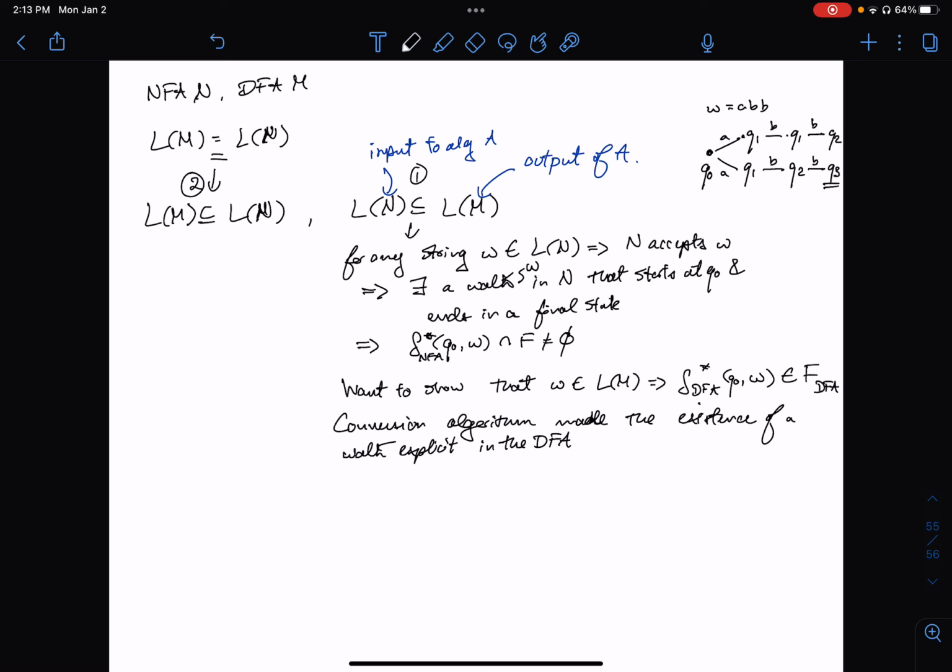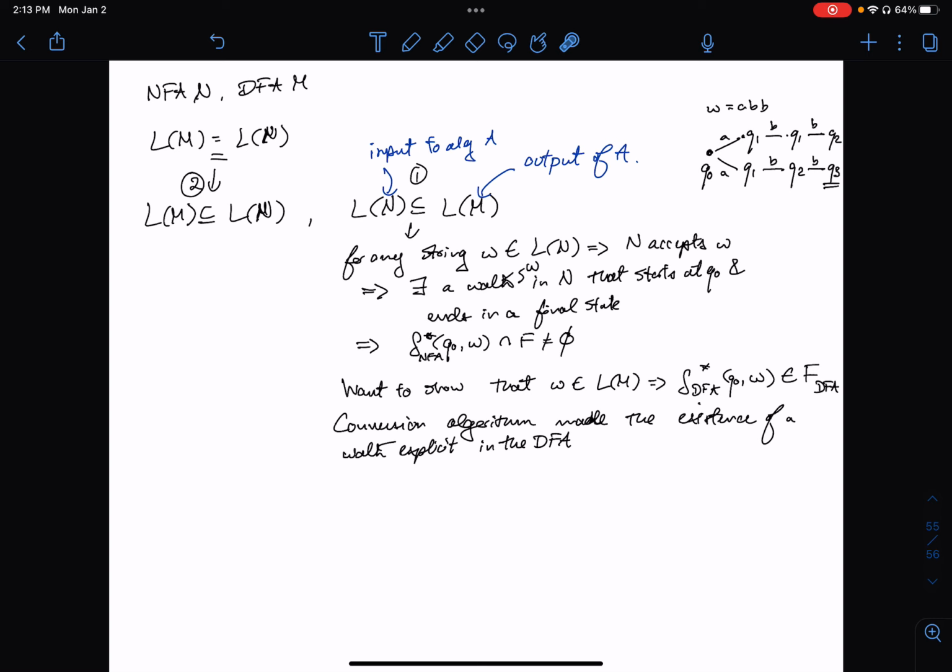And so what the conversion algorithm does is that it makes the choice explicit. So in making a choice between Q1 reading a B going back to Q1 and Q1 reading a B going to Q2, you make this choice explicit in the DFA by saying if you read a B, you either go to Q1 or to Q2. So that means that you've embedded one of the paths, one of the walks that goes to the final state, within the choices.